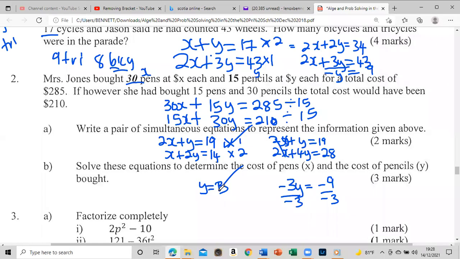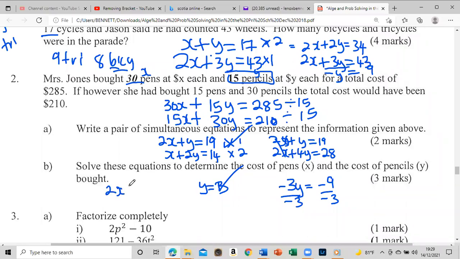What was y again? The pen or the pencil? Or the pencil, yeah. So $3 for one pencil. So we can substitute now.